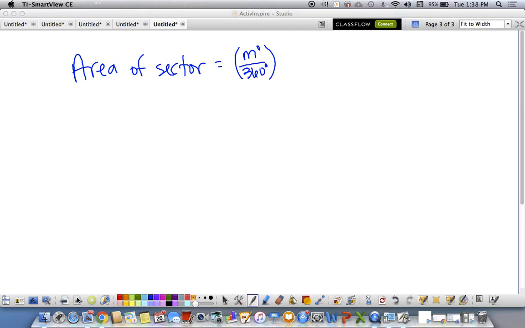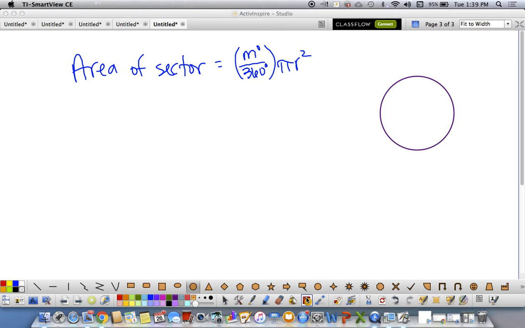But this time, instead of multiplying it times the circumference, what are we going to multiply it by? The area of a circle. What's the area of a circle? Pi r squared. You have to know that. Okay? Pi r squared.